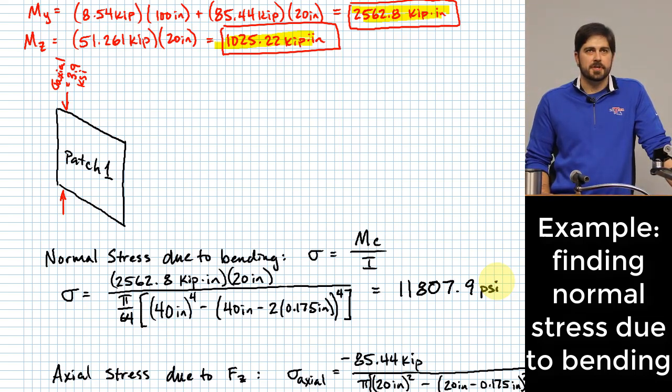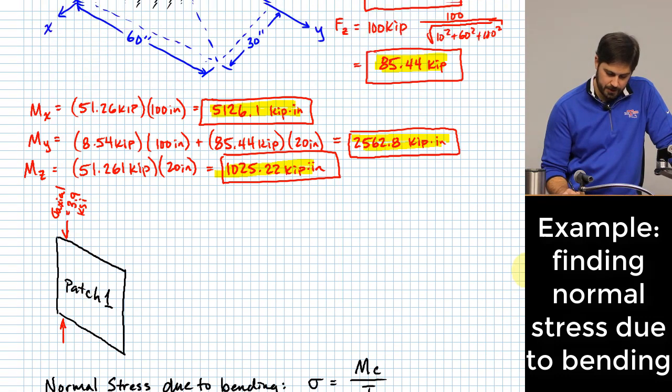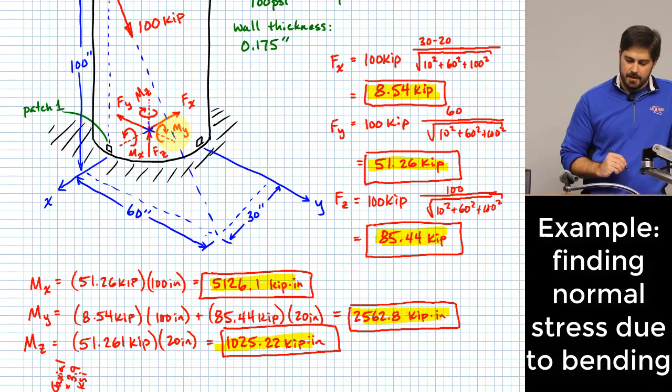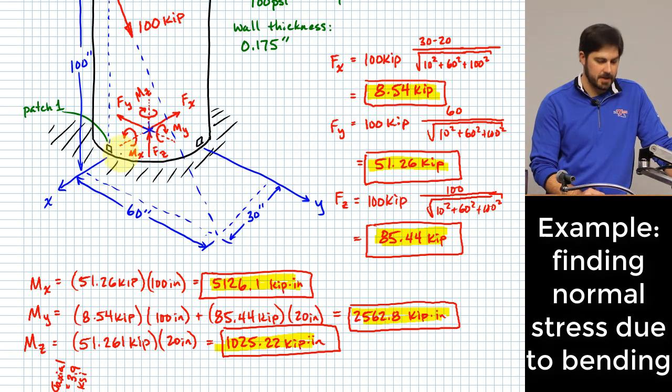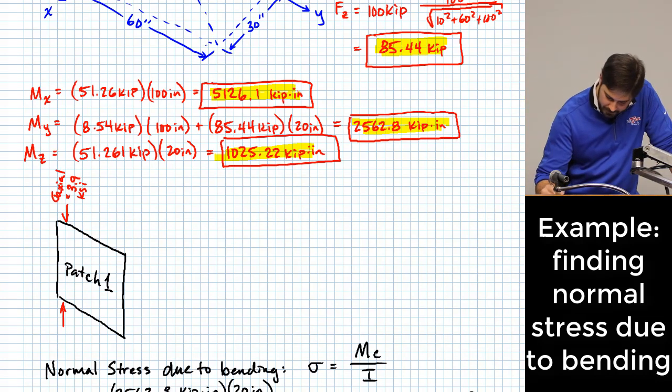Now let's think about the direction. Right? We already mentioned it, but what direction does it apply? Okay, look at the direction of the moment. If My is applied around the y-axis in the direction shown, that is going to tend to lead to a compressive stress in patch 1. Okay, so what I'm going to do, I will show it as a compressive stress on here.